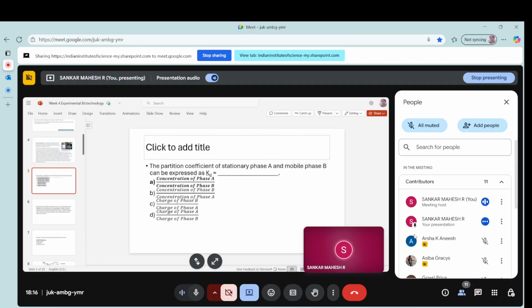Now, based on this, can anyone tell me whether we need to get concentration or charge, or a combination of both? Because the four different options given here deal with different ratios, with either fully concentration or fully charge, or a combination of charge and concentration.